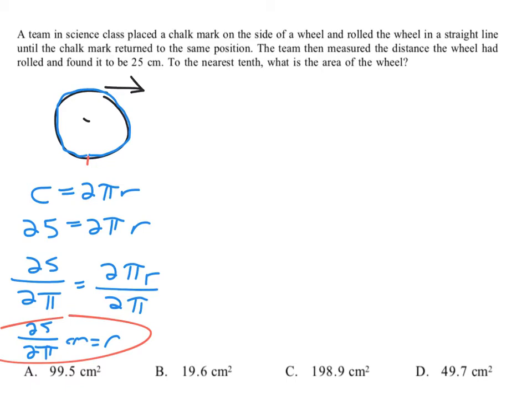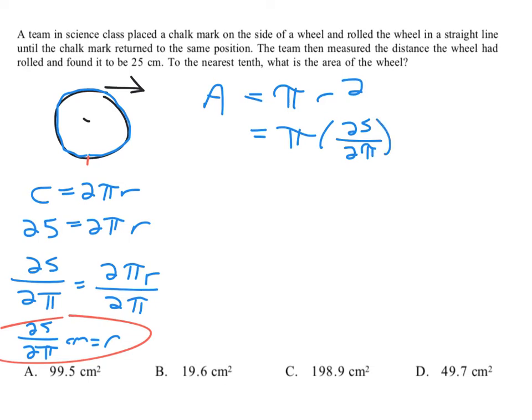Okay, that's the radius, because what we now want to do for the area, we say area equals pi times the radius squared, or pi times 25 divided by 2 pi.